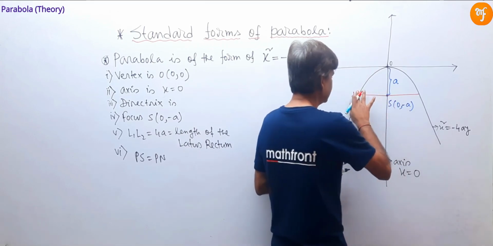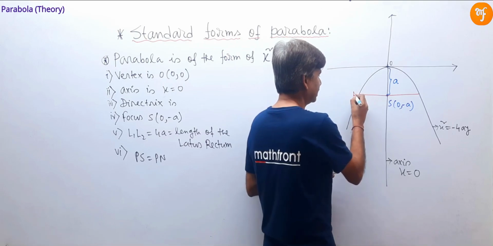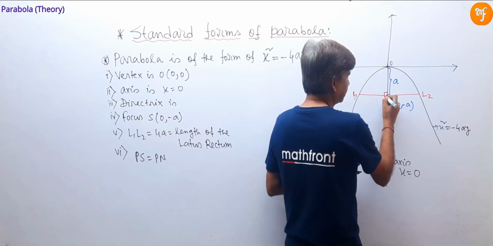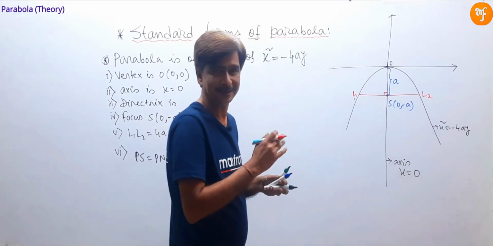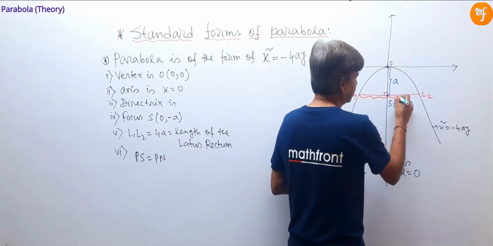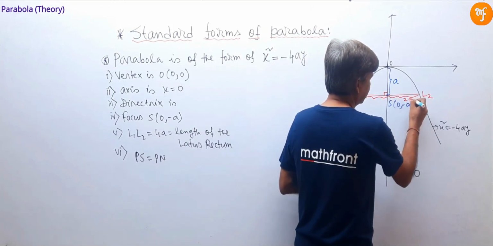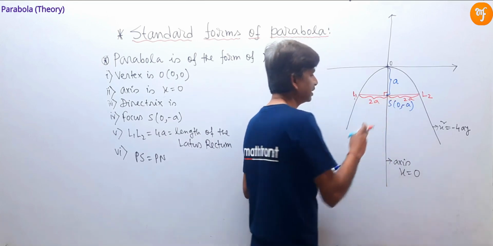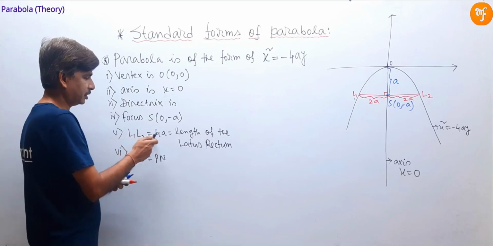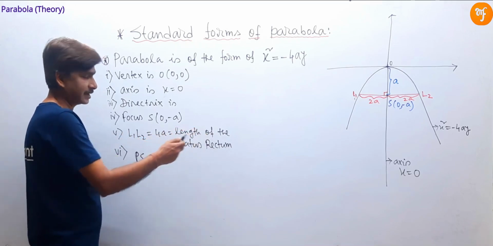So we write here L1 L2, which is perpendicular to the axis. This is the latus rectum, and the length of the latus rectum is again 4a, that is these values are 2a and 2a. So the length of the semi-latus rectum is 2a. So please write L1 L2 is equal to 4a, equal to the length of the latus rectum.